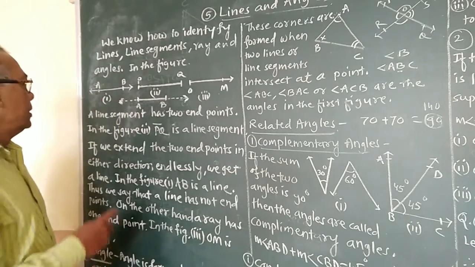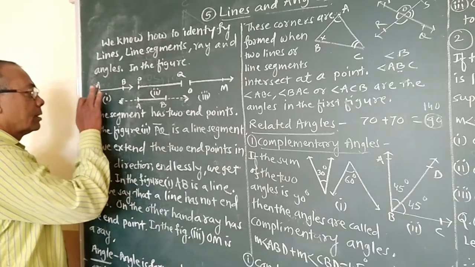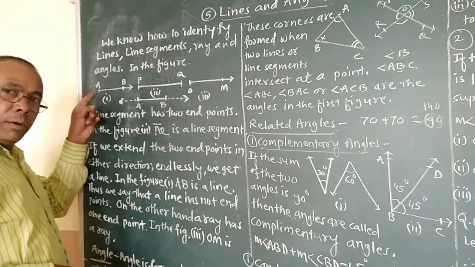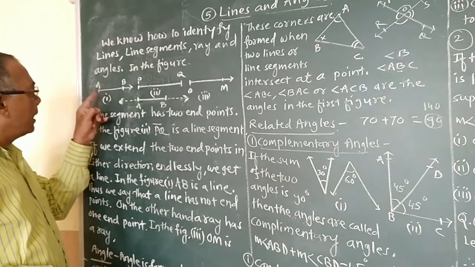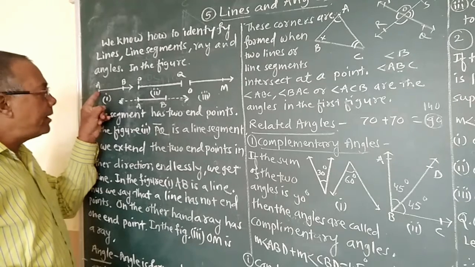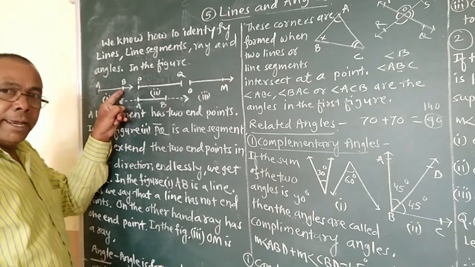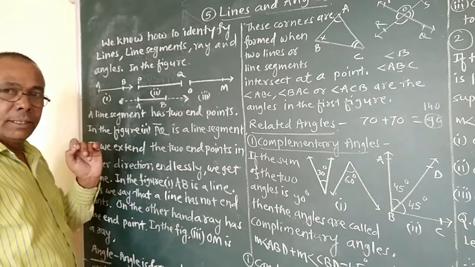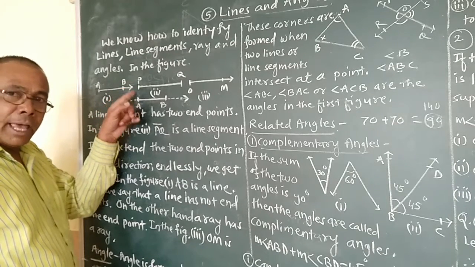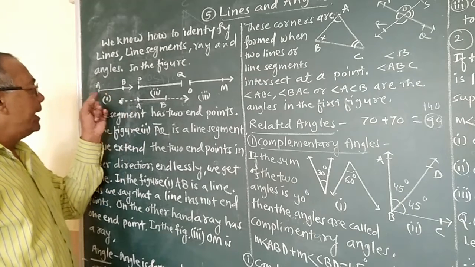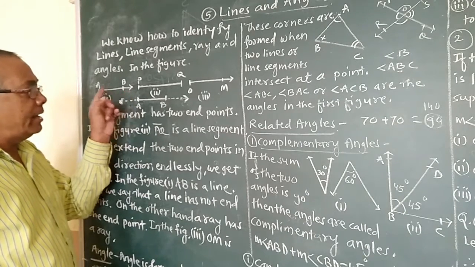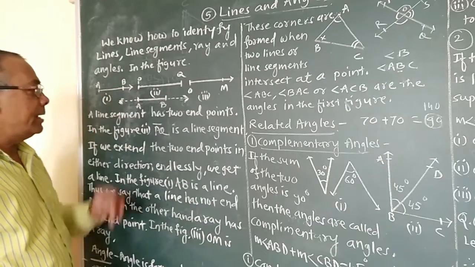Now if we remove one arrow, then we get A as an endpoint, and at the other end it is endless because the second end is indicated by an arrow, and therefore AB becomes a ray.